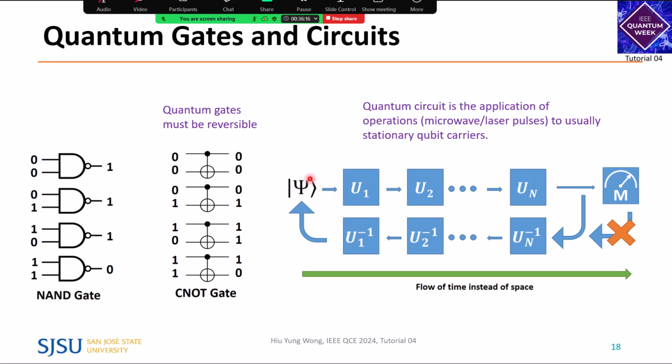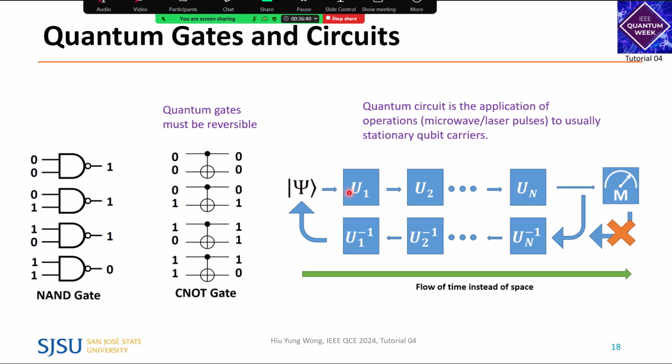You start with a state, you apply different quantum gates, but what is a quantum gate? Just a laser pulse or microwave pulse. So I'm running from left to right, I do the computation. It is the flow of time, not the space. I'm not showing an IC chip where I have the input, inverters, AND gates, and then an adder, and then a register. I'm not doing this.